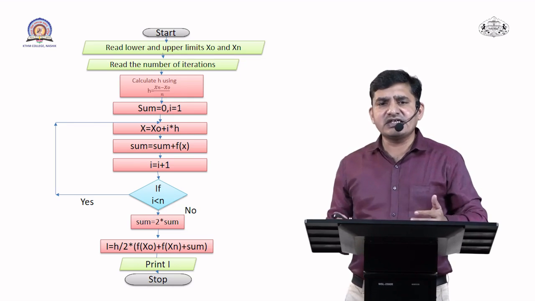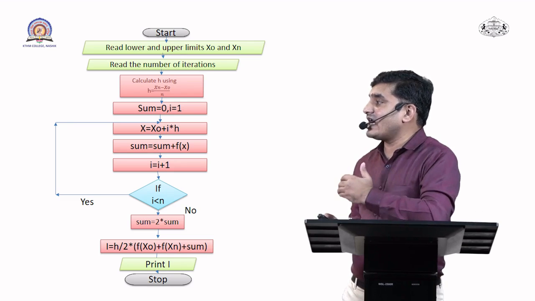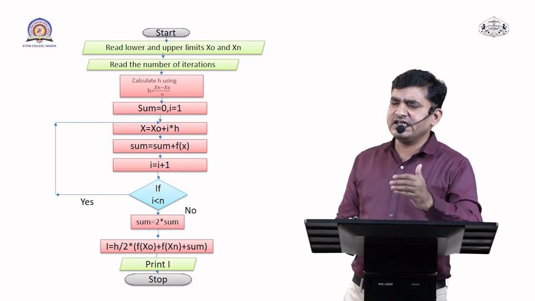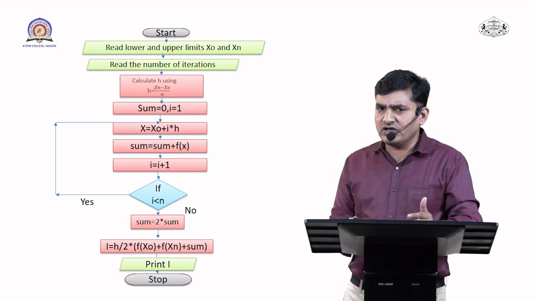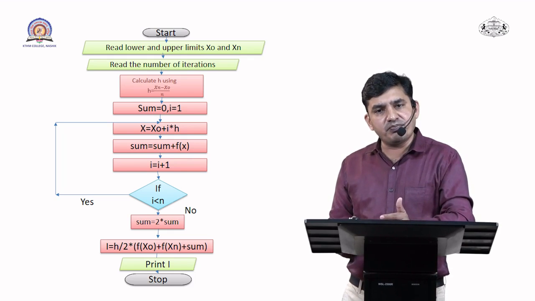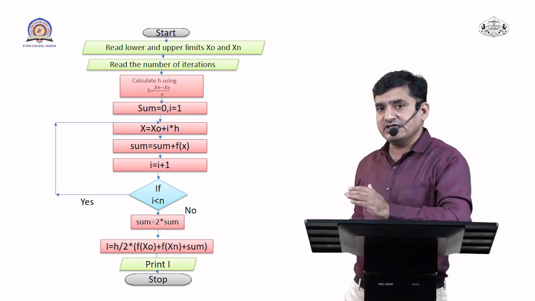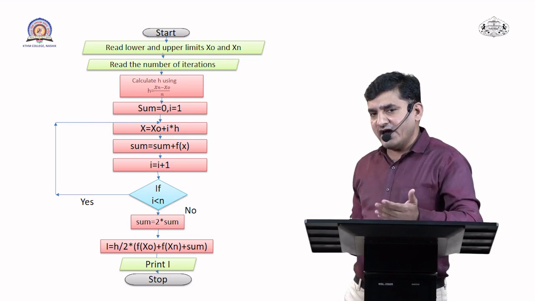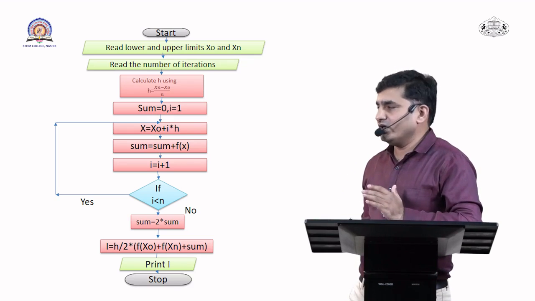Next step is to find x is equal to x0 plus ih. Here we get the values of x: x1 is equal to x0 plus h, x2 is equal to x0 plus 2h, x3 is equal to x0 plus 3h, and so on. First i is equal to 1, sum is equal to 0, then find x is equal to x0 plus i into h.